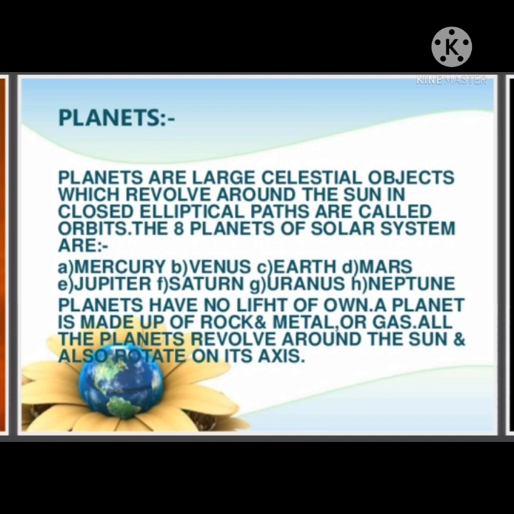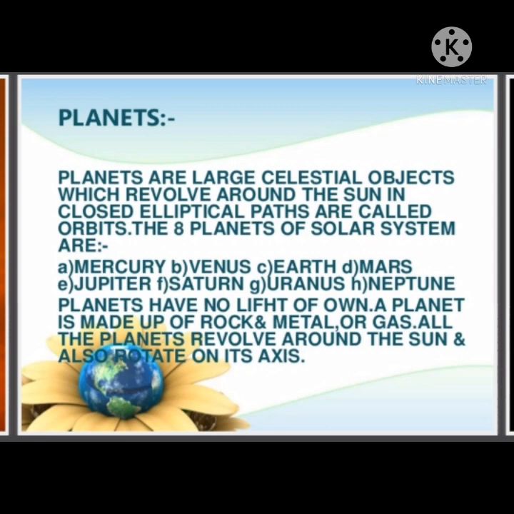The planets do not have light of their own, so they get light from the sun. A planet is made up of rock and metal or gases. All the planets revolve around the sun and also rotate on their axis.